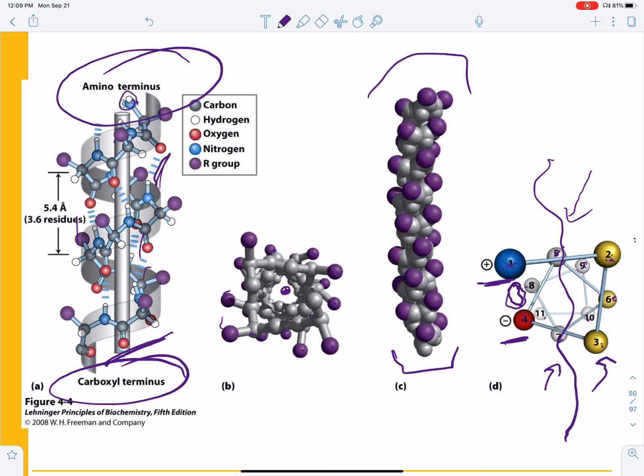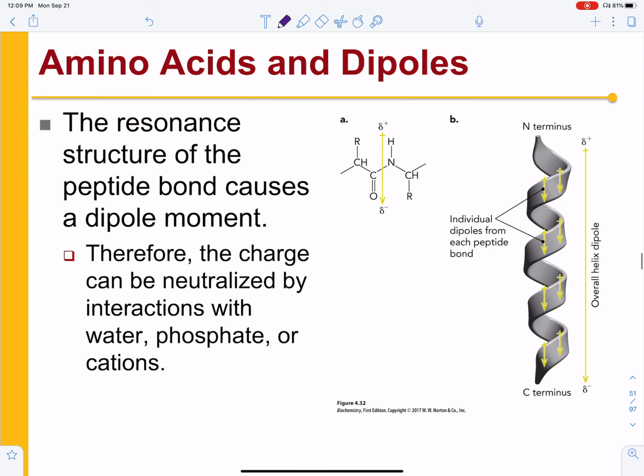That requires that you actually know all of the amino acids, and how to use them and how to build an alpha helix. As I said before, there's a dipole here. When you have hydrogen bonding between the positive charge on the amino group and the negative charge on the oxygen group, they cover the charges, but at the ends of the helix there are free oxygens or amino groups.